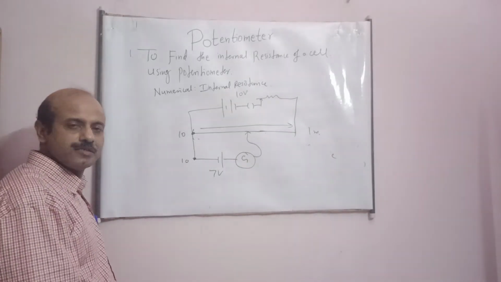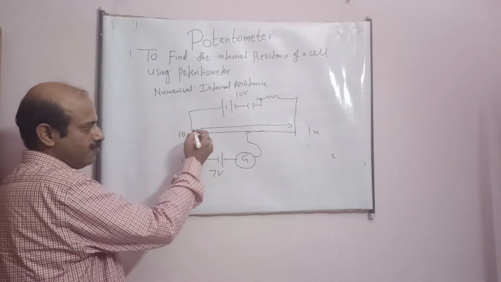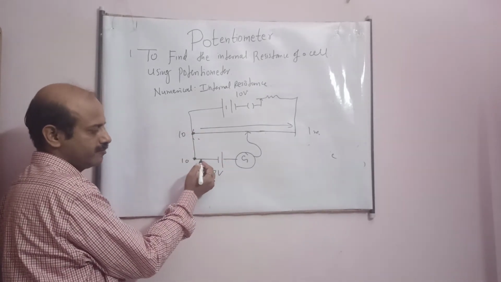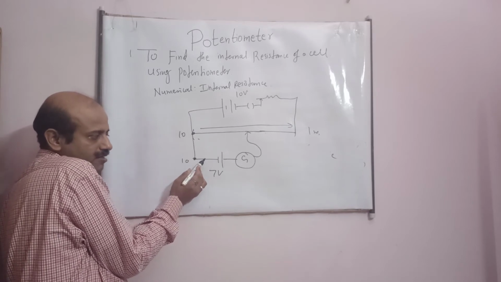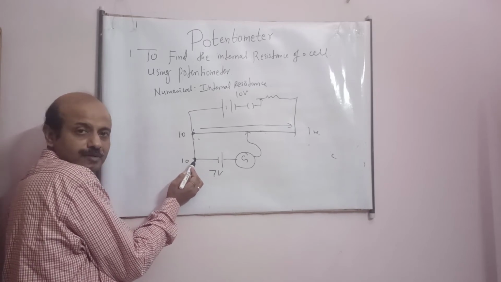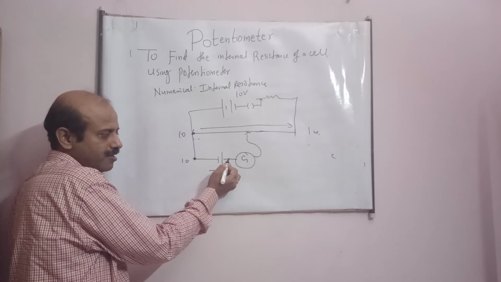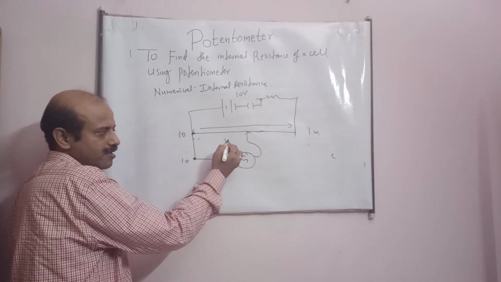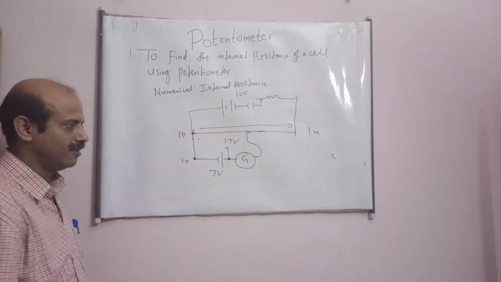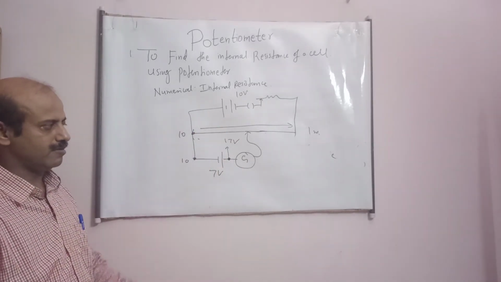Now we can see the circuit analysis, student. 10 volt, this is 10, this is 10. But remember, student, this is the negative, at 10 volt. So positive must be at higher potential. So how much should be the voltage here, student? It should be 17 volt. 17 minus 10, 7 volt.